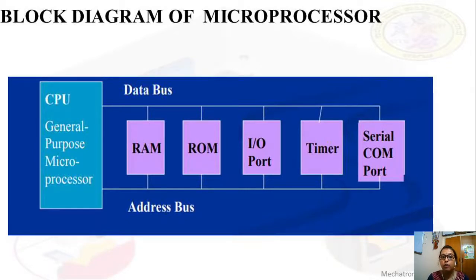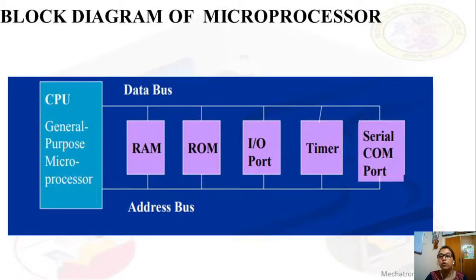The memory devices, input-output devices and other peripheral devices we have to connect externally, depending on the application: how much memory is needed, what input-output ports are needed, and what other peripheral devices are needed. This is the main thing in a microprocessor.